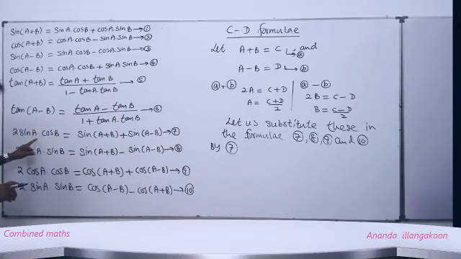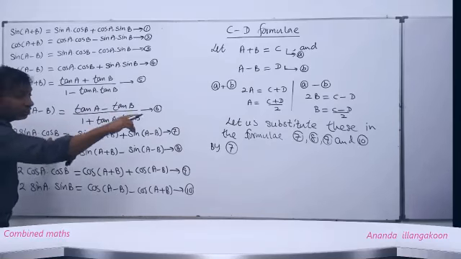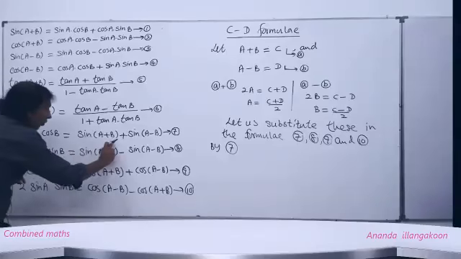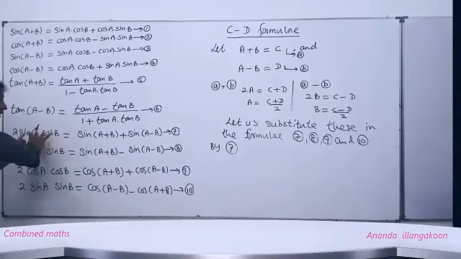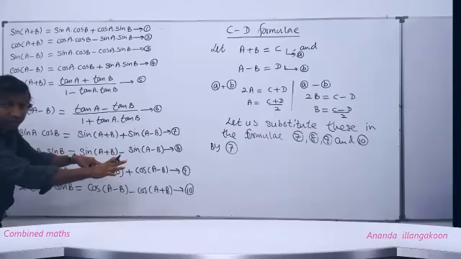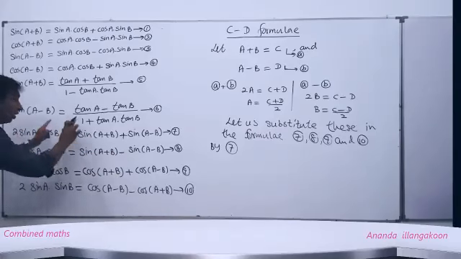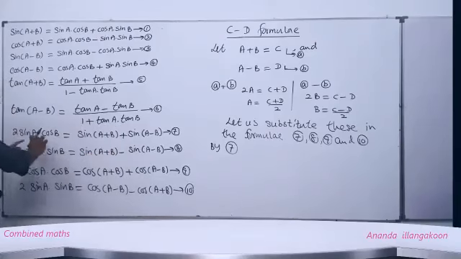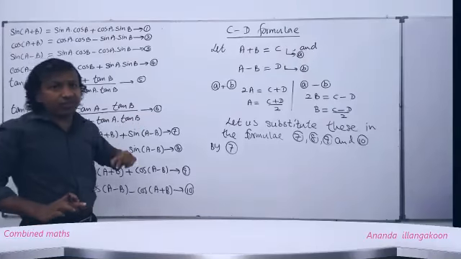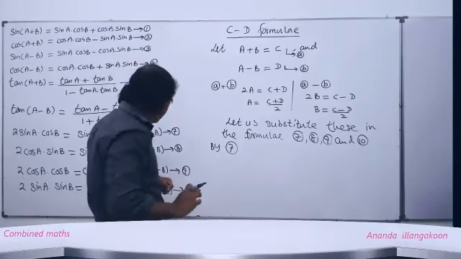C plus D by 2. What is B? C minus D by 2. Then this one we write on the left, this one we write on the right. Okay, people, why? The reason is this. X equals Y means Y equals X. Like that.